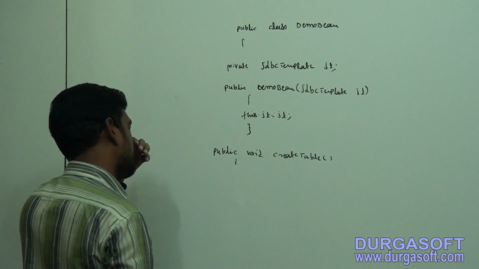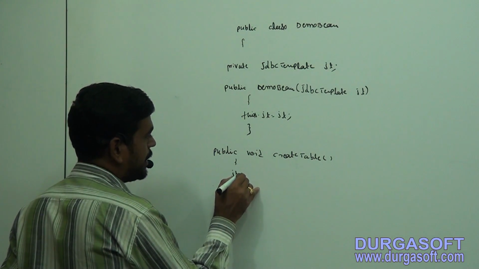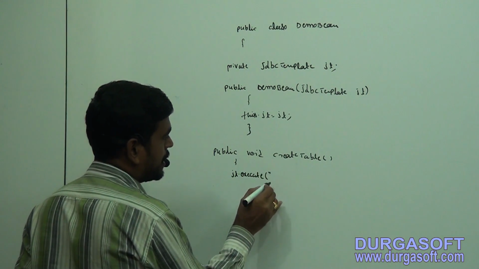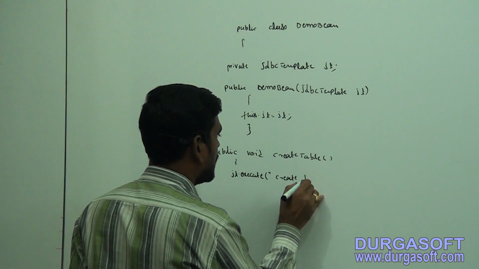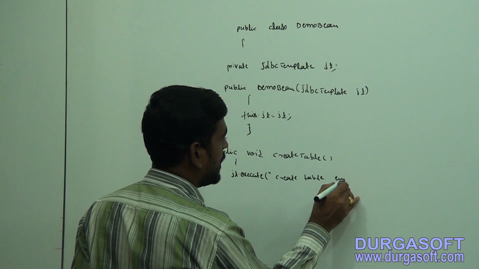Under that, I take jt.execute. Now here I have written the query: create table, the name is Employee.